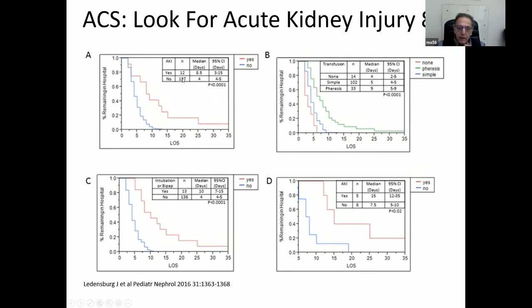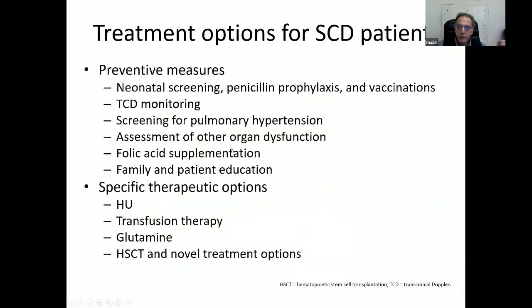They also had longer hospital stays. Okay, and so you can see here that in these settings, we are going to need all the expert help we can get to manage these patients in a multidisciplinary manner.